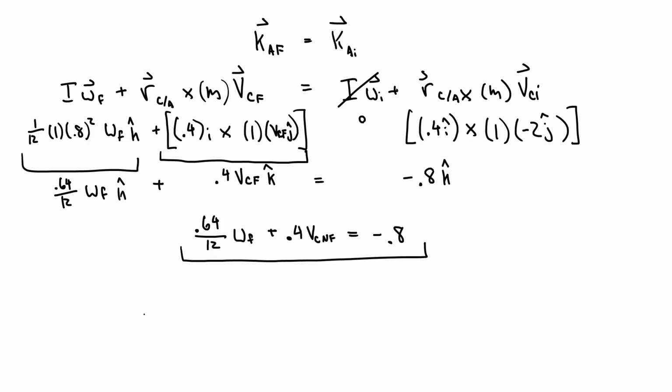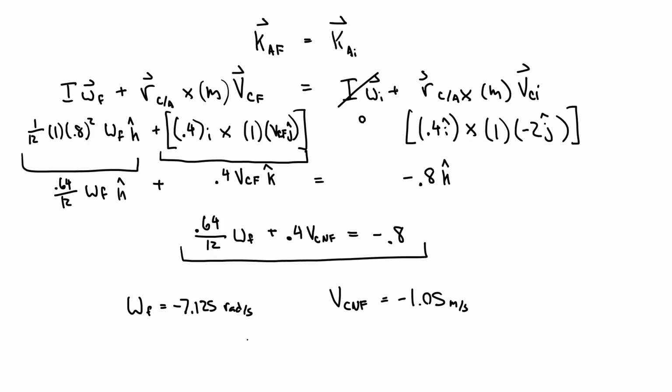I use an equation solver here. I'm going to find an omega final of -7.125 radians per second, and VCNF of -1.05 meters per second for this one.